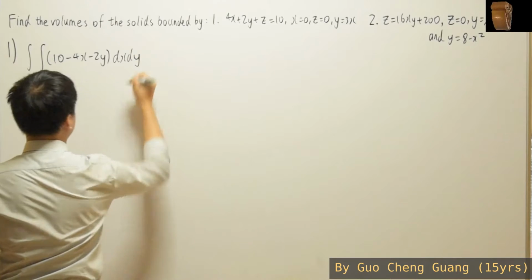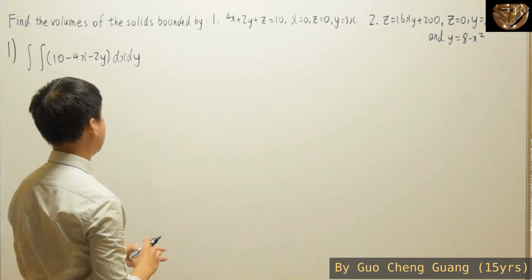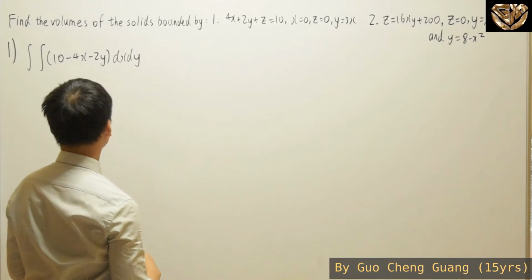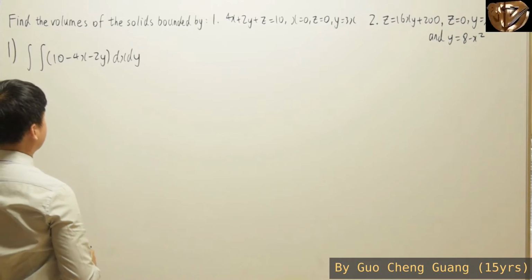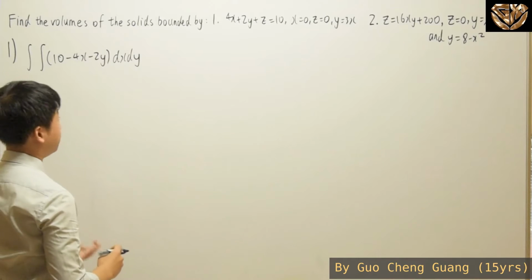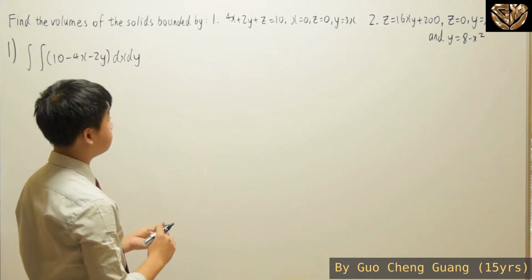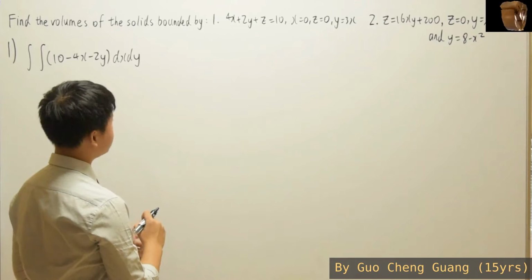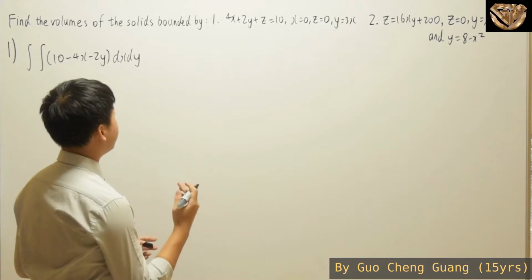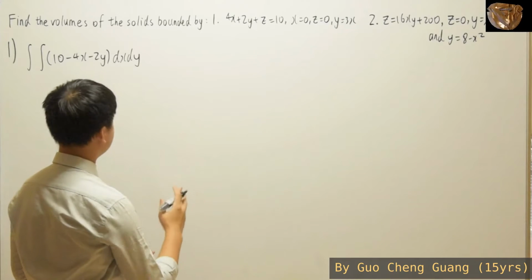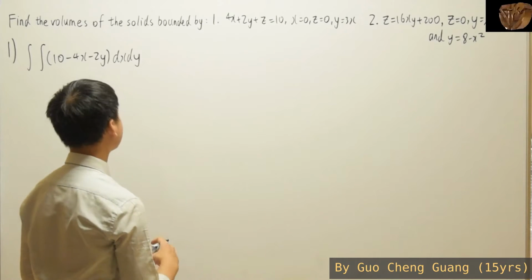And then you will choose whether you have dx dy or dy dx. Right, so this is the kind of integration we have, but of course we still have to determine the boundaries for x and y, and know integrate from what to what.